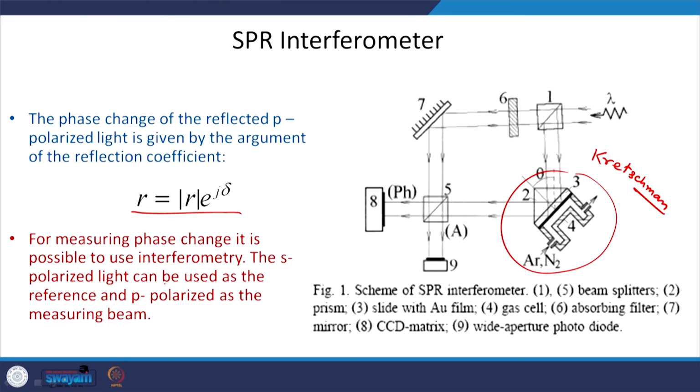The S polarized light can be used as the reference and the p polarized light can be used as the measuring beam, because it is the p polarized light which excites surface plasmons. That is how you use it for SPR based interferometric sensors. That gives an additional level of sensitivity, so it becomes even more sensitive.